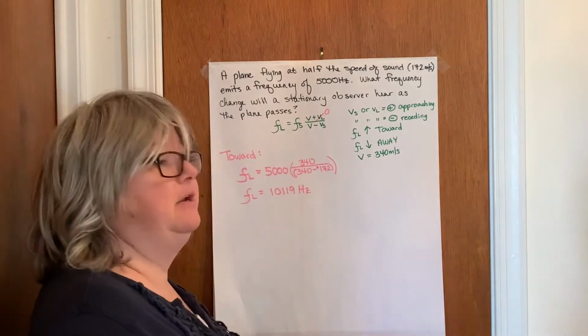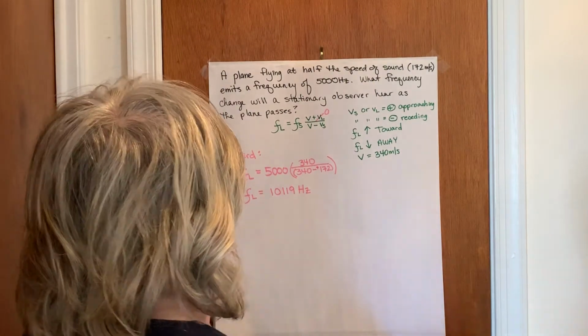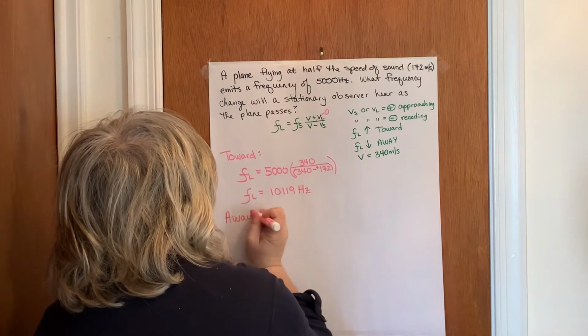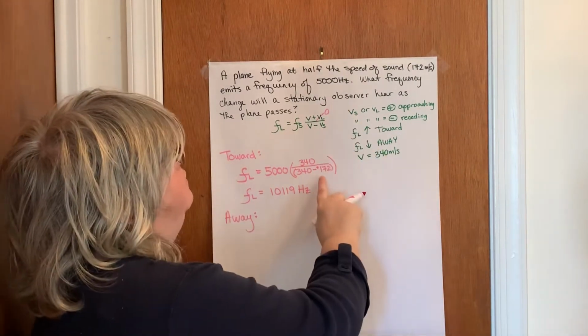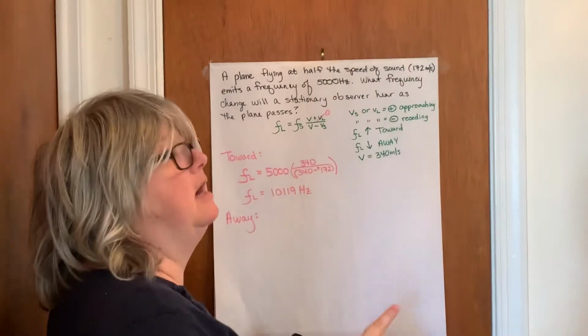So now let's see what happened when we were moving away. The only thing that's going to change now is the plane is moving away, so the plane's velocity is going to be negative.